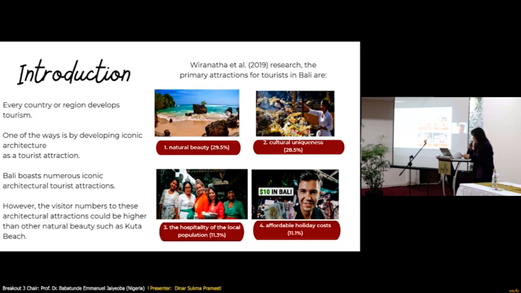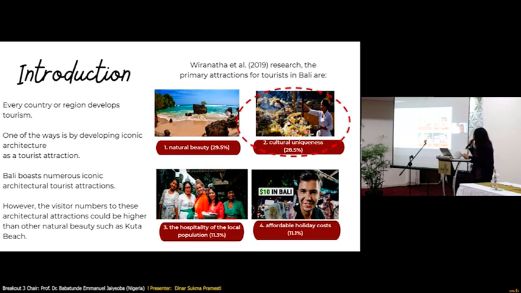Based on Wiranata's research in 2019, the primary attraction for tourists in Bali, in first rank, is natural beauty like rivers, beaches, waterfalls, and rituals. In second rank is cultural uniqueness. The third rank is the hospitality of the local population, and the fourth rank is affordable holiday cost.